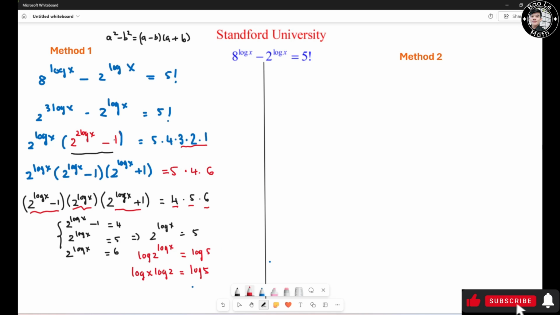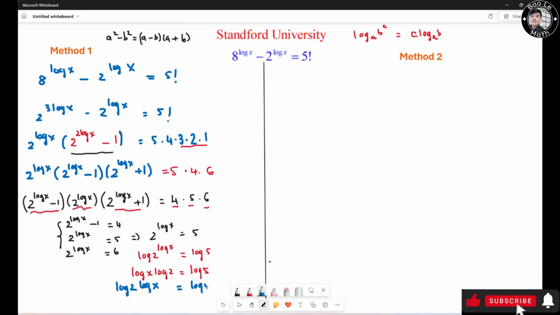Now we have the formula: log base a of b to the power of c turns out to be c log base a of b, right? Now log s times log 2, I can rewrite as log 2 times log s, which is log 5.